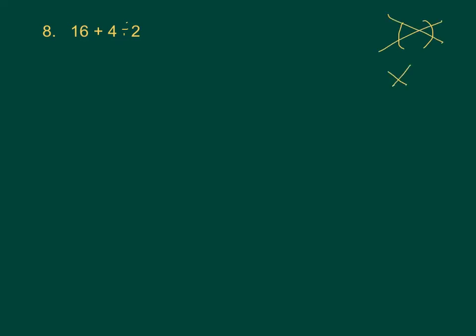After that, I don't have any exponents, and so I go to any multiplication or division from left to right. Well, I only have one of those, 4 divided by 2, so that's going to be the first operation I perform. So I'll simplify this from 16 plus 4 divided by 2 to 16 plus, and 4 divided by 2 equals 2, so that's 2. From here, I've just got one operation left, 16 plus 2, and that's 18.